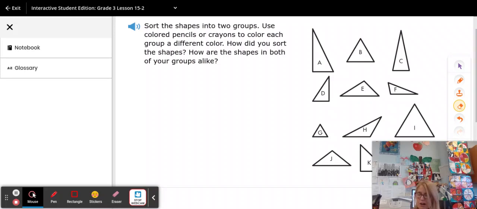So you should already be on page 589 in your math book, topic 15.2, classifying shapes. Classifying is just putting things into groups and sorting by their attributes, how they're the same and how they're different.